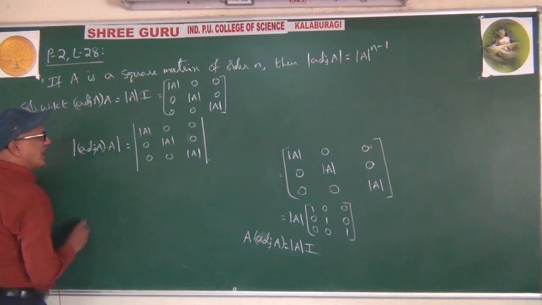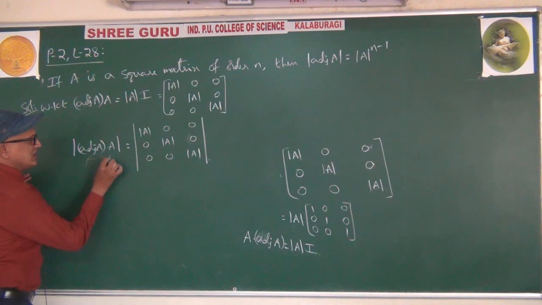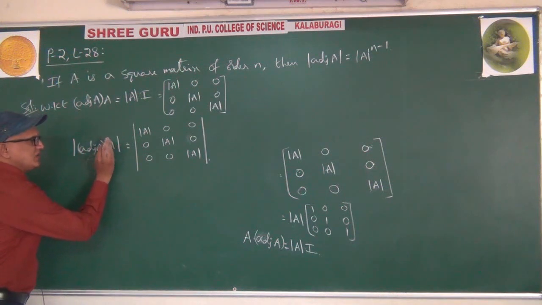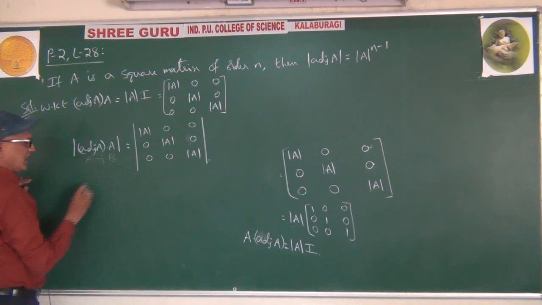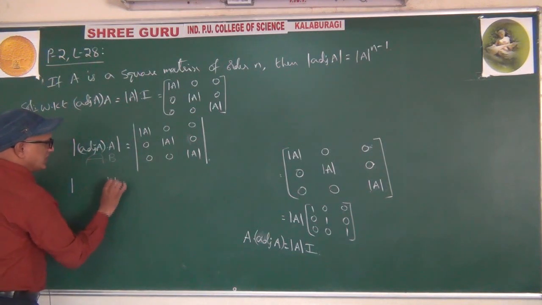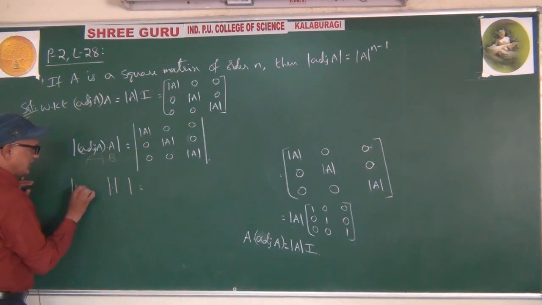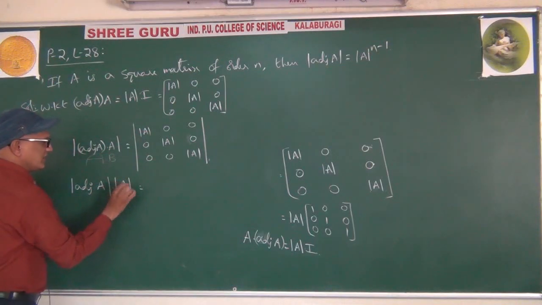This is in the form of determinant of AB. Just some time back I showed determinant of AB equals determinant of A into determinant of B. What is A? Adjoint A. What is B? A.